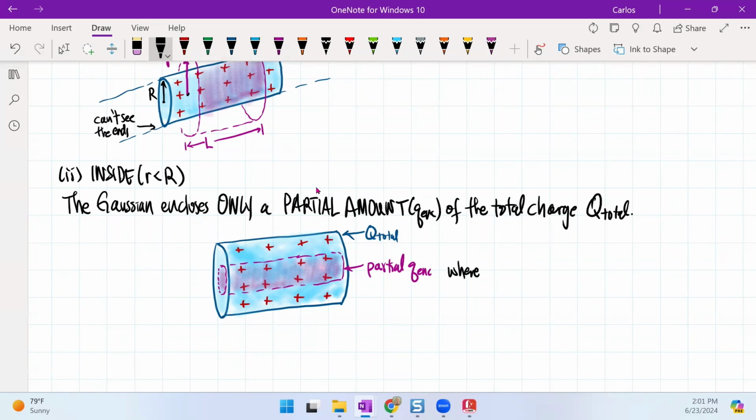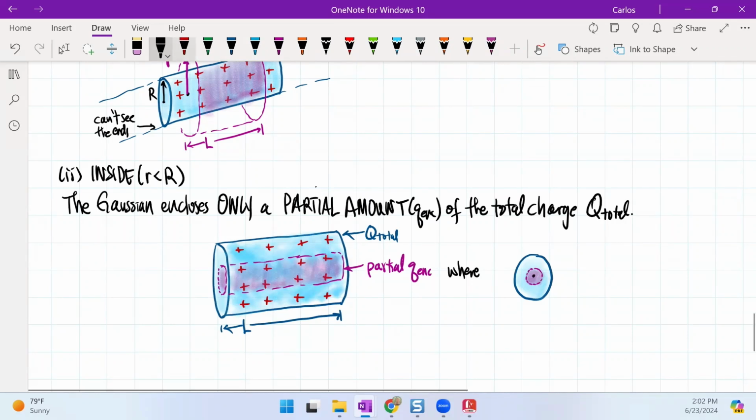Here, this is the length L. The radius is a little harder to see, but if I look straight at the edge and at my Gaussian, I have two points to think about.